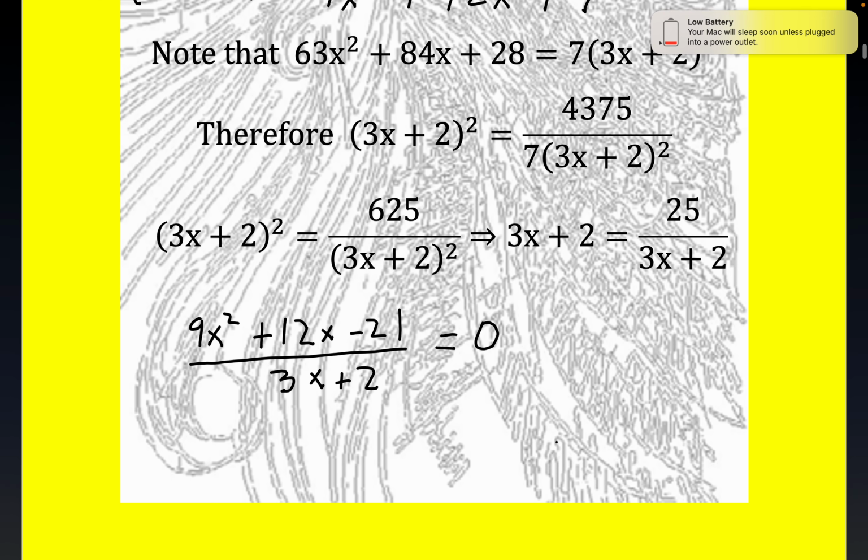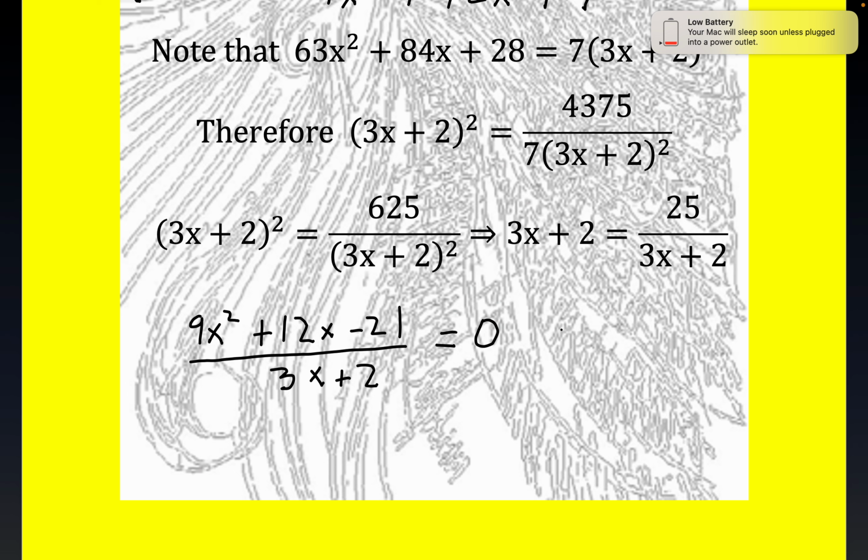you will end up with 3x plus 7 times x minus 1 over 3x plus 2 equals 0.